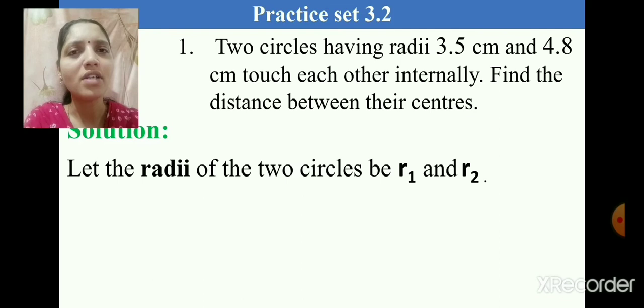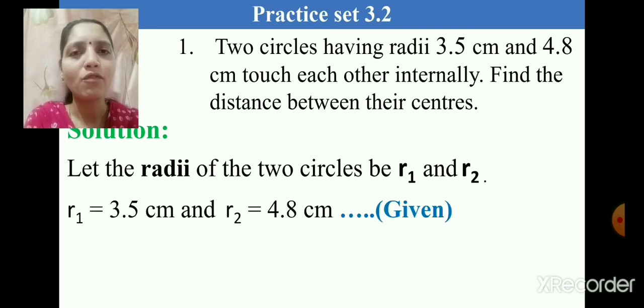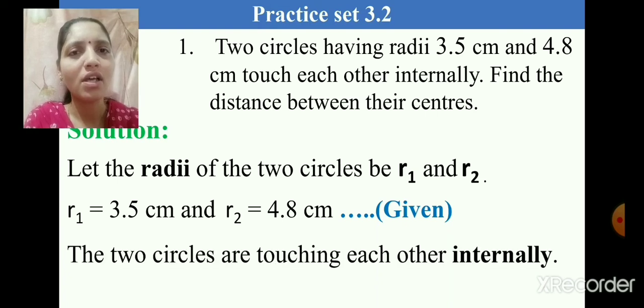So start with the solution. Let the radii of the two circles be R1 and R2. Therefore, R1 is 3.5 cm and R2 is 4.8 cm, as given. Then the two circles are touching each other internally.